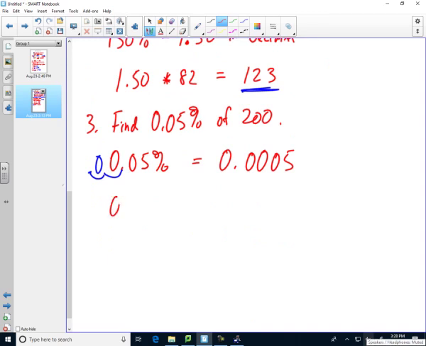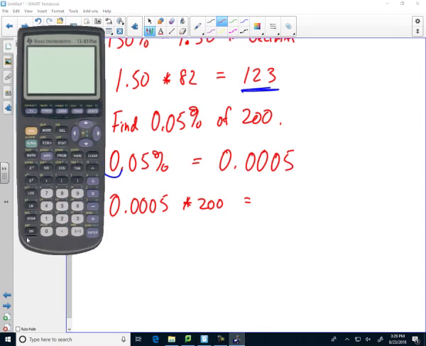So now we can go 0.0005 times 200, and the calculator says, clear, 0.05 times 200.